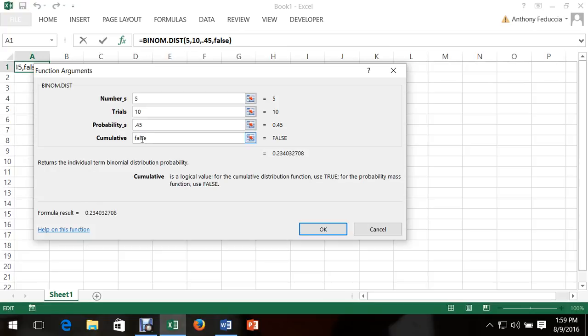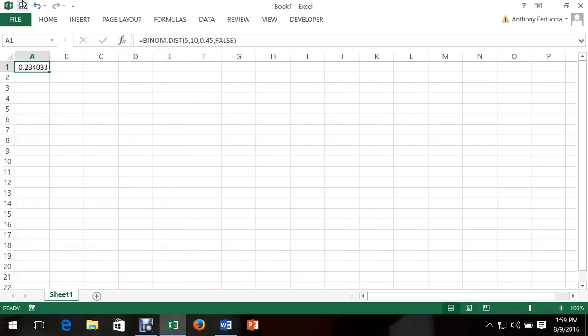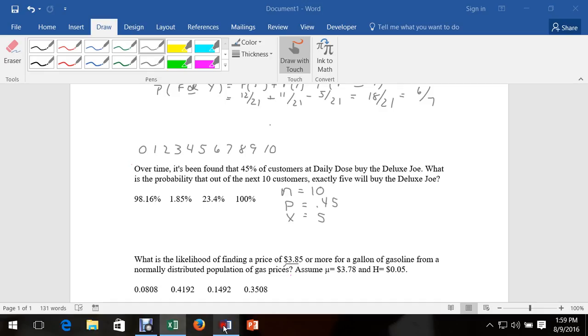We don't want that. We want the probability exactly 5. It's 0.2340. It gives it right there in the cell. So the probability that exactly 5 buy it is equal to 0.2340, which is the answer right here, by the way, 23.4%.